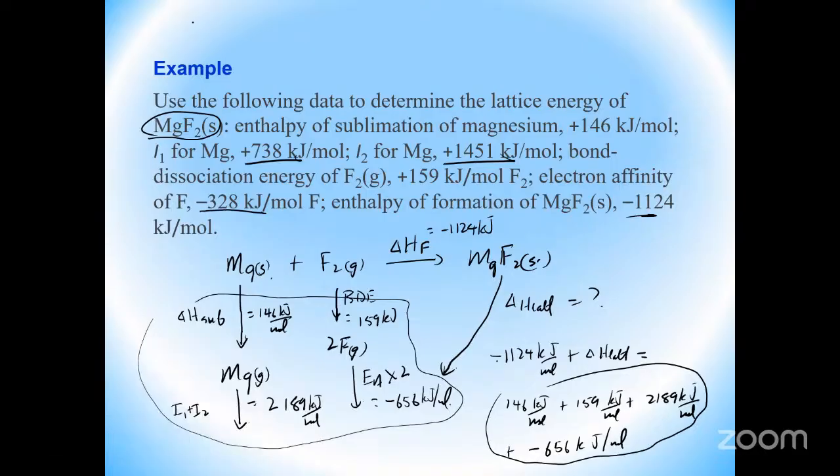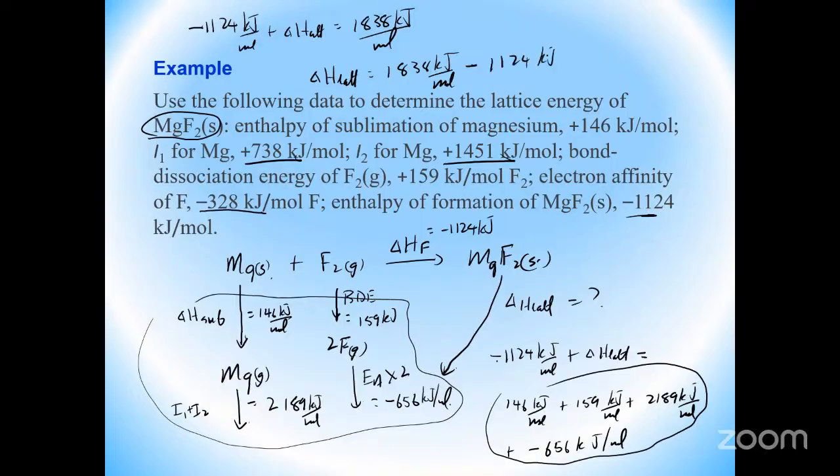So I'm going to end up with minus 1124 kilojoules per mole plus delta H lat is equal to 1838 kilojoules per mole according to my calculation, which means that delta H lat will be equal to 1838 kilojoules per mole minus 1124 kilojoules per mole.